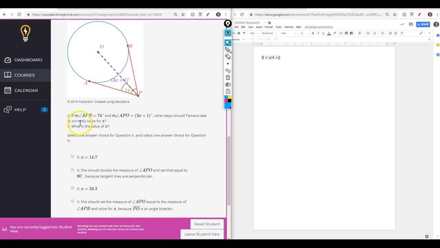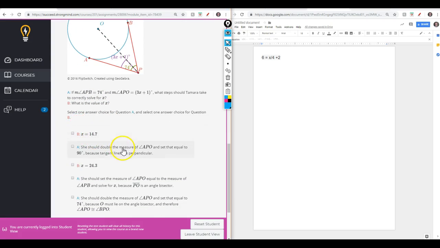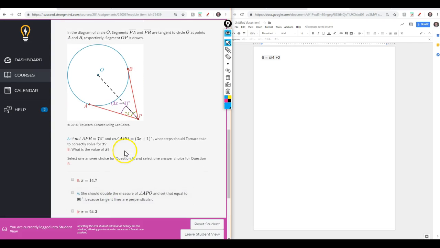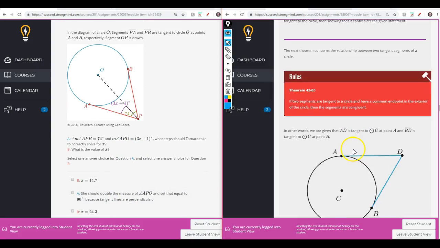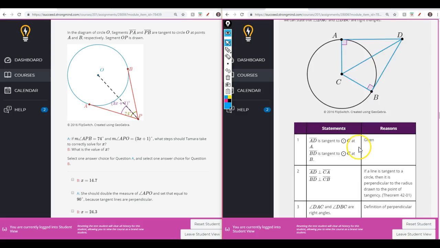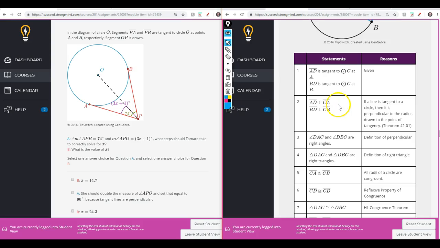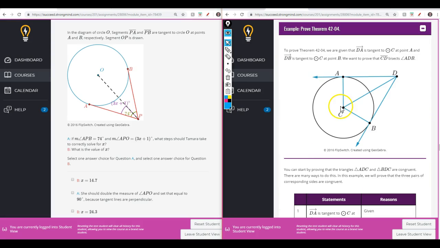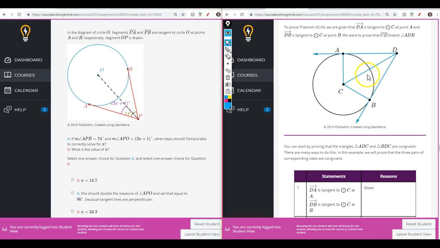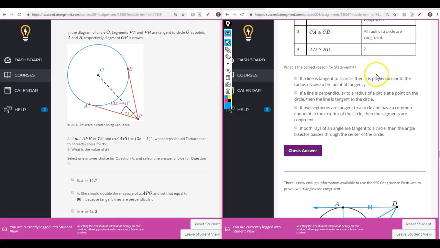Alright, so she wants to know what steps to take if that is what's given. Again, if you don't have this down in your notes, I would just scan till you saw an image that looked similar to this. And this one is looking similar. It talks about bisecting as well.